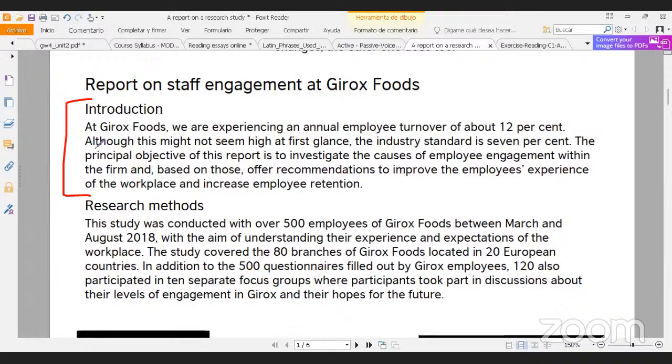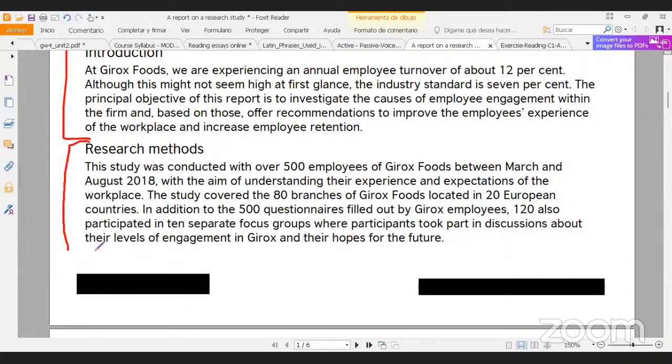Okay, thank you, Mauricio. Let's go to the next part. Audrey, research methods. This study was conducted with 500 employees of Xerox Foods between March and August 2018, with the aim of understanding their experience and expectations of the workplace. The study covered the 80 branches of Xerox Foods located in 20 European countries.